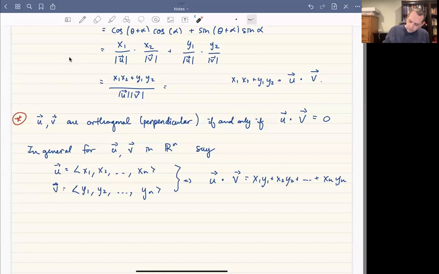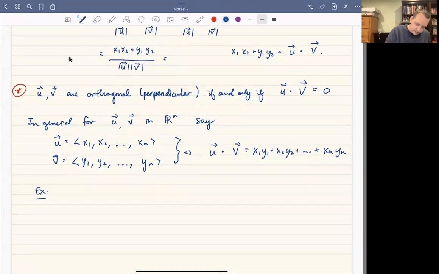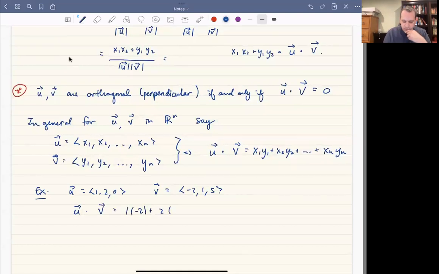So if you wanted to determine whether or not two vectors are orthogonal, all you really have to do is compute the dot product. So if I have, say, the vector u = (1, 2, 0), and let's say v is the vector (-2, 1, 5), then we can compute the dot product of u and v to be 1 times -2 plus 2 times 1 plus 0 times 5, which happens to be 0, and therefore u and v are orthogonal vectors.